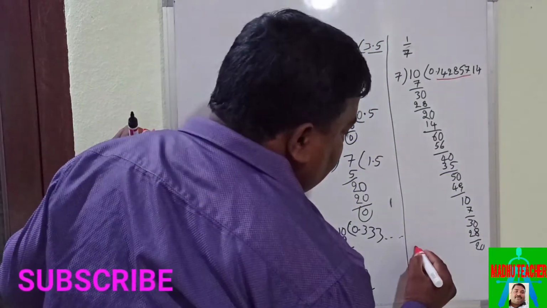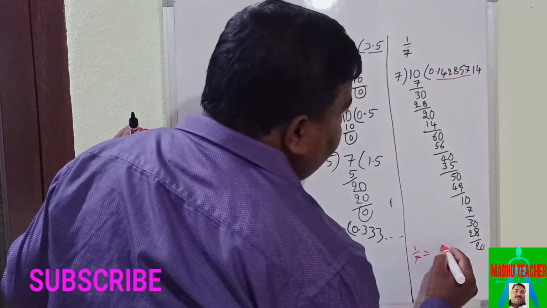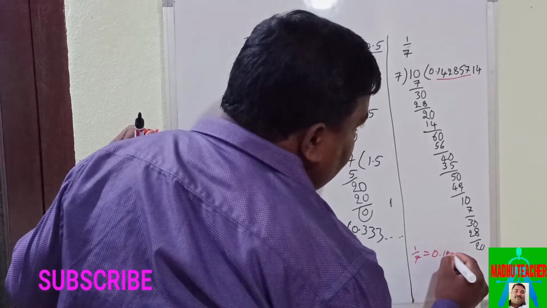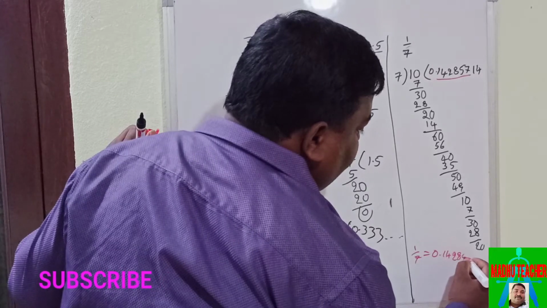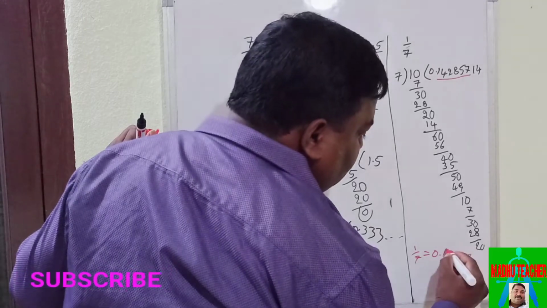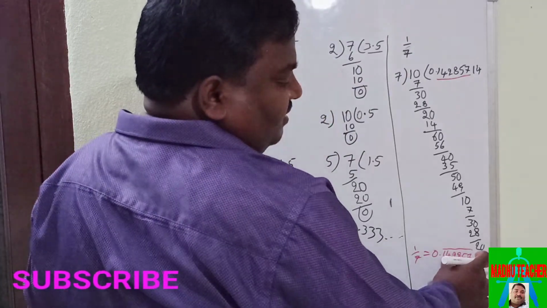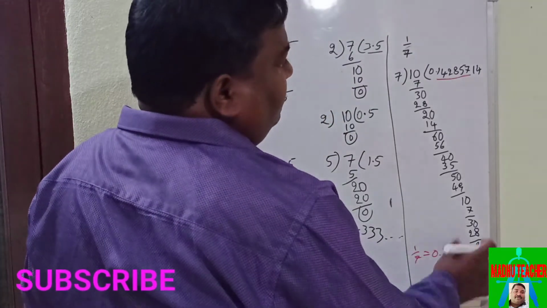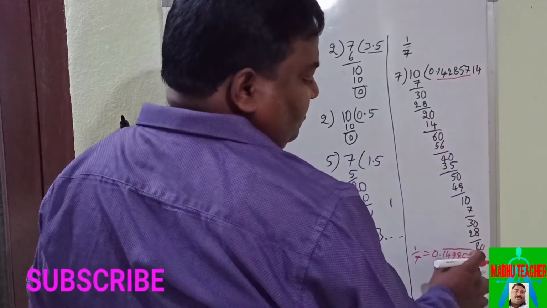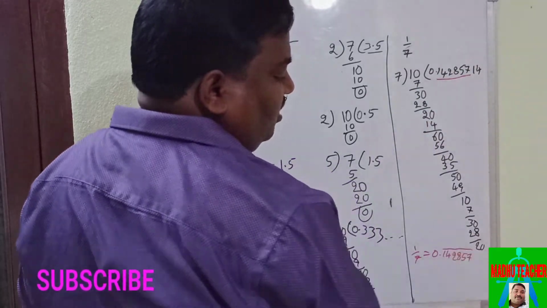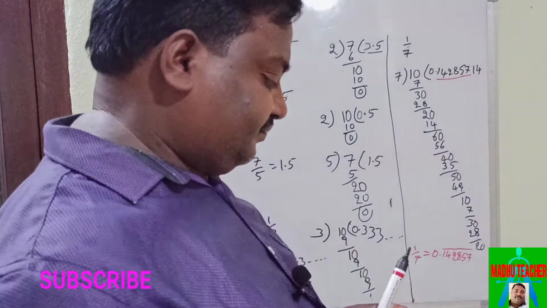So we can write 1 by 7 equal to 0.142857 with a bar. This set of digits is repeating, 142857 are repeating, so bar on 142857.